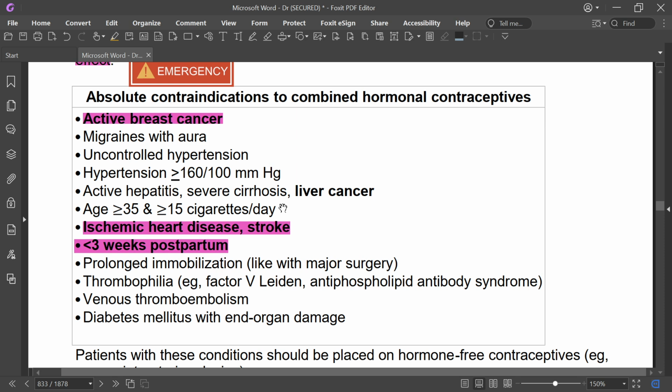Migraine with aura, uncontrolled hypertension, ischemic heart disease, less than 3 weeks of postpartum, prolonged immobilization like with major surgery, thrombophilia, factor V Leiden, antiphospholipid antibody syndrome, venous thromboembolism, diabetes with end organ damage.